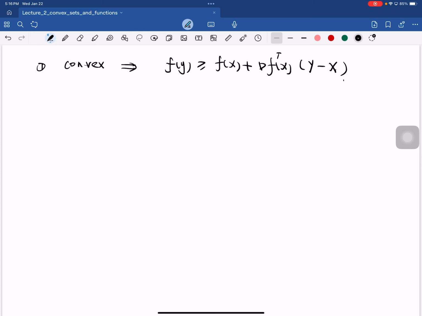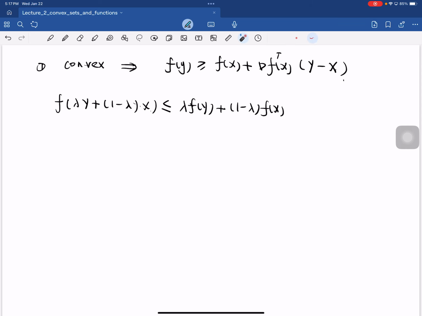So let's write down the property of a convex function first, which is, let's say, f of lambda y plus 1 minus lambda x is less than or equal to lambda f of y plus 1 minus lambda f of x, right?